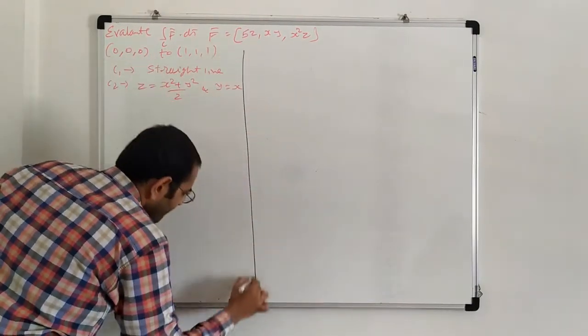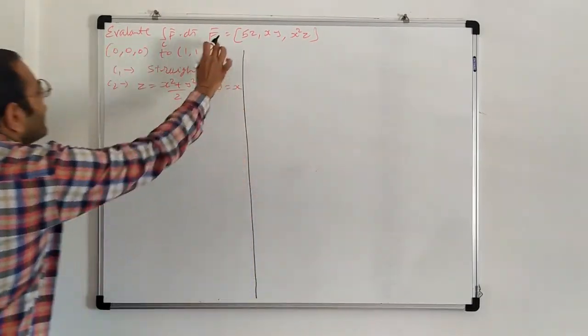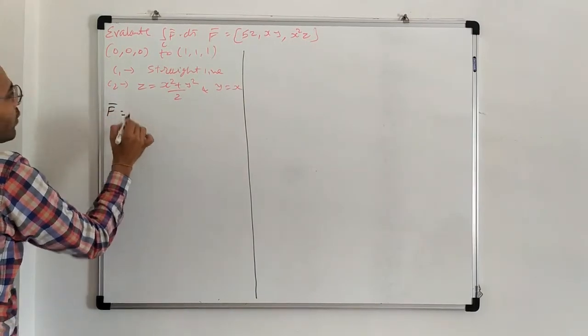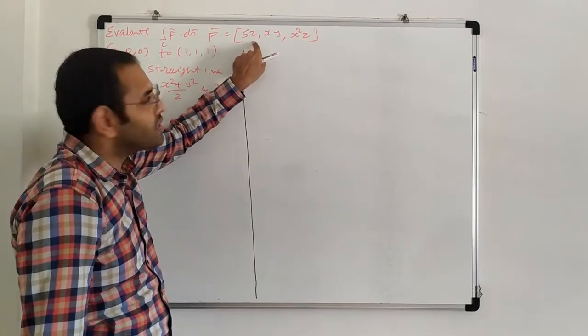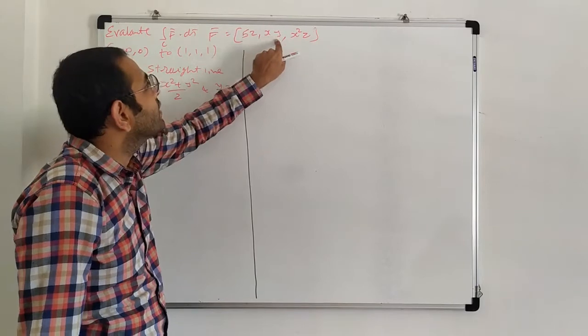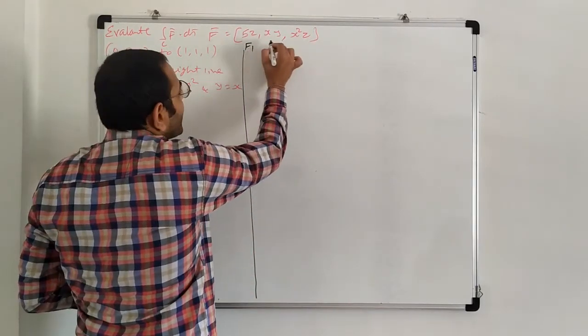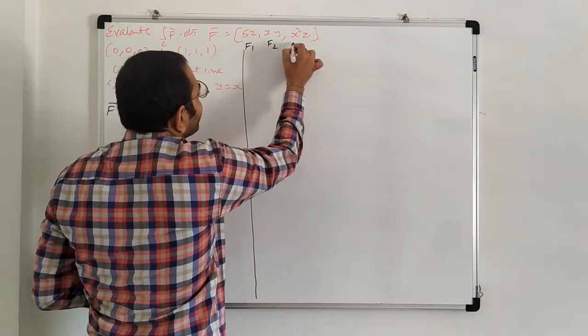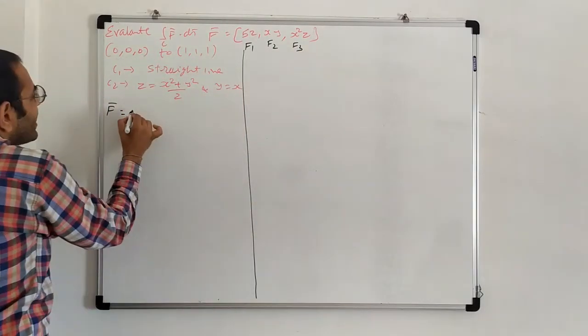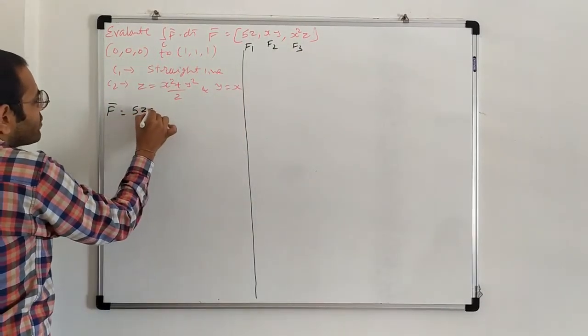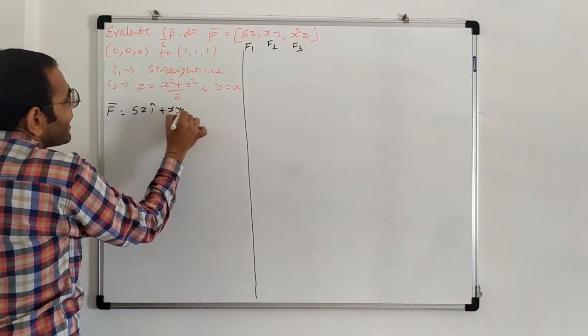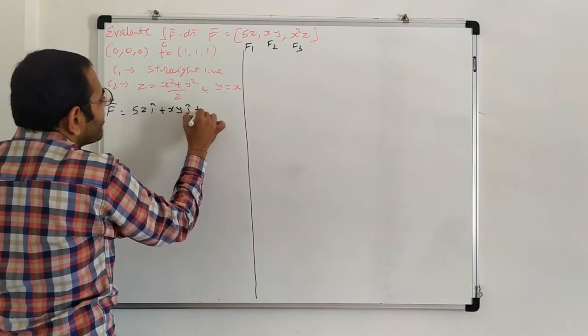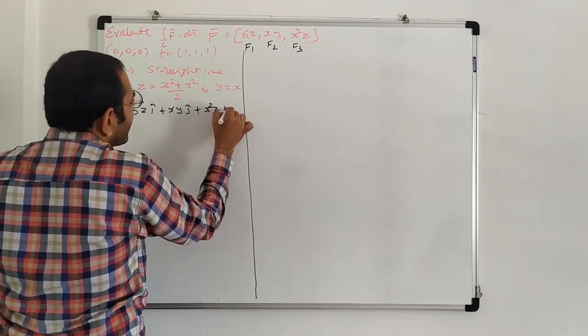Here f bar is given in terms of vector components, where the first component is indicated by f1, then f2 and f3. Then f bar equal to 5z i cap plus xy j cap plus x square z k cap.